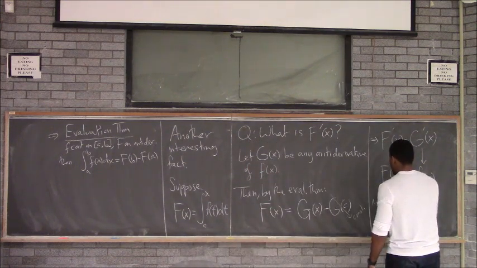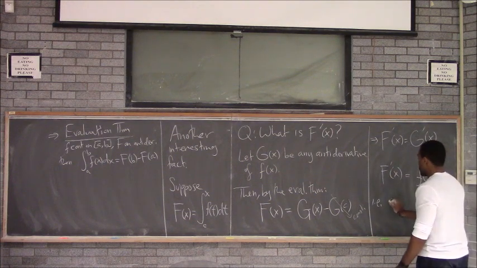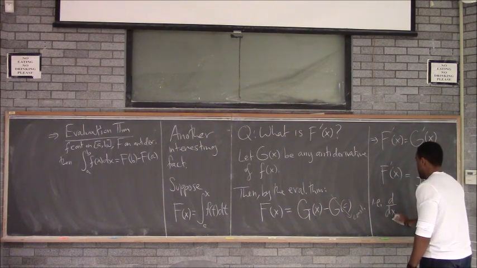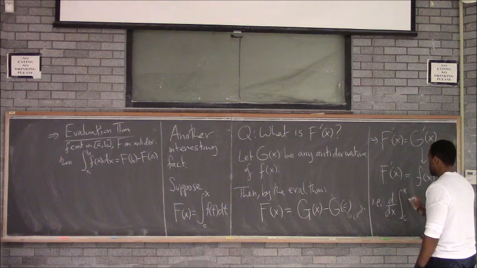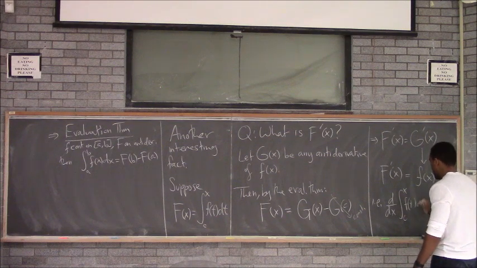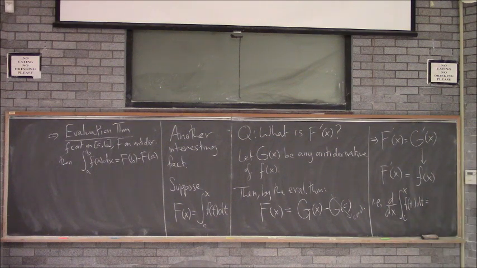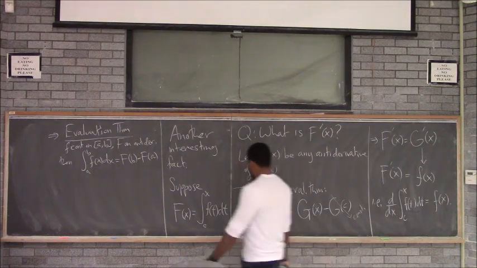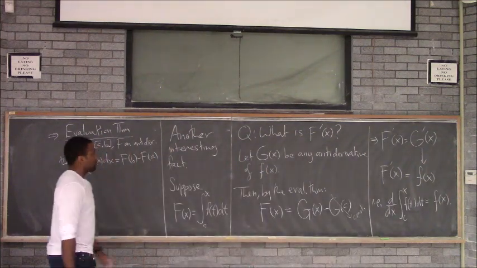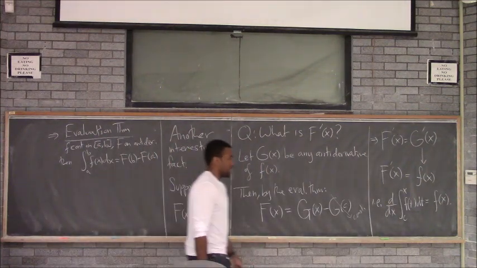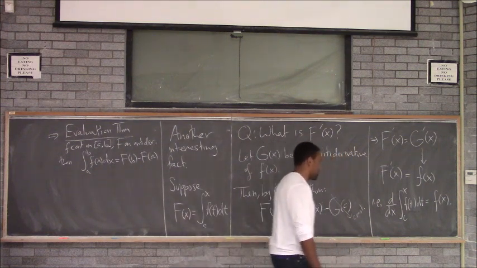In other words, here's what I'm trying to tell you. If you were to differentiate an integral, the derivative is going to cancel the integral. This guy's going to kill that guy, and you're just going to have the original function. Which kind of makes sense based on our definitions.